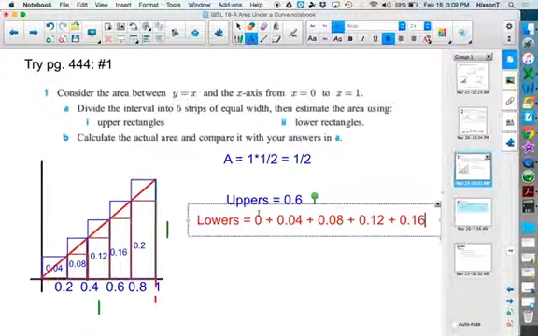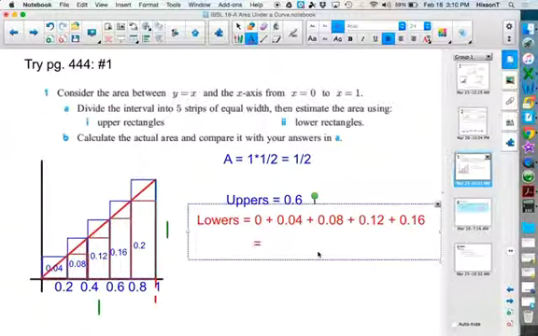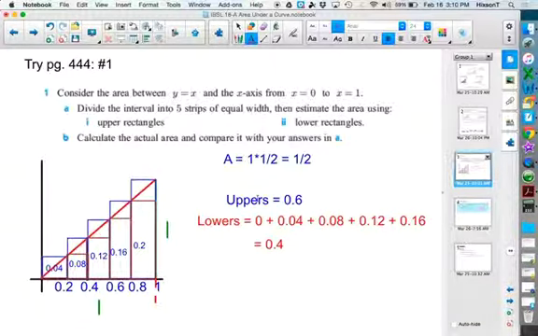All right, so we had the 0 to start with, and we never had this 0.2 at the end. All right, but this all ends up equaling 0.4, okay? And because we were dealing with a line, when you do average the uppers and lowers, you got exactly what the area should have been, okay? It's not always going to be exact, but it will actually be somewhat close, okay?